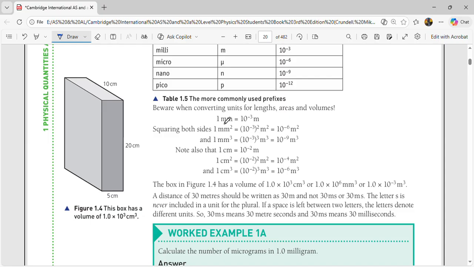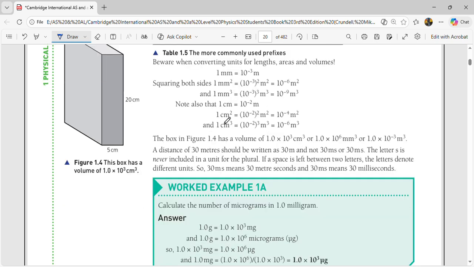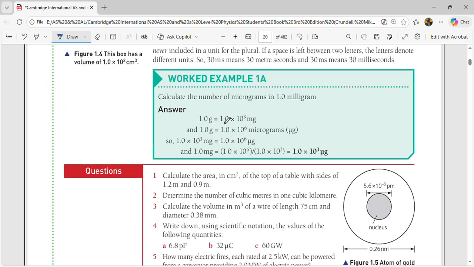There's a question down here. Calculate the number of micrograms in 1.0 milligram. Here what we need to do is simple.